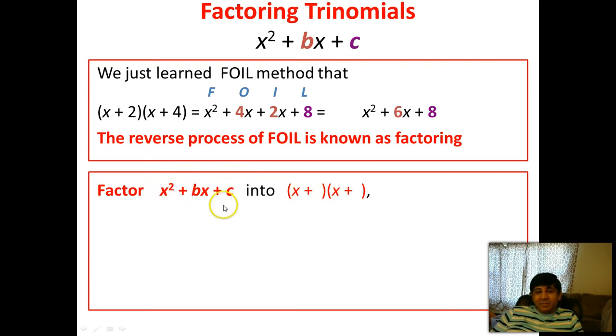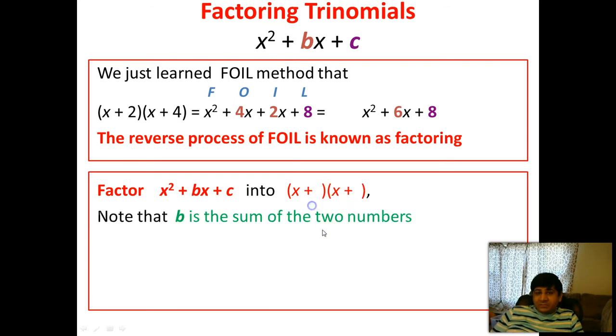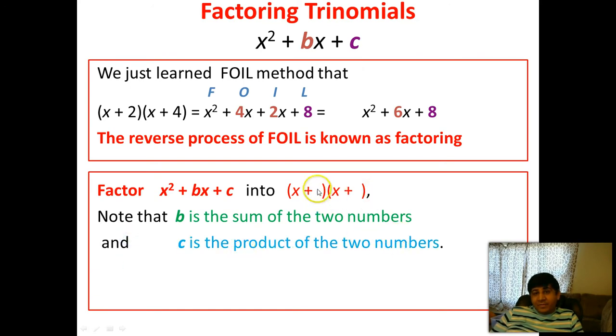Since I have plus here, it has to be plus, and these two will be some numbers. Note that b is the sum of those two numbers, and c is the product of the two numbers.